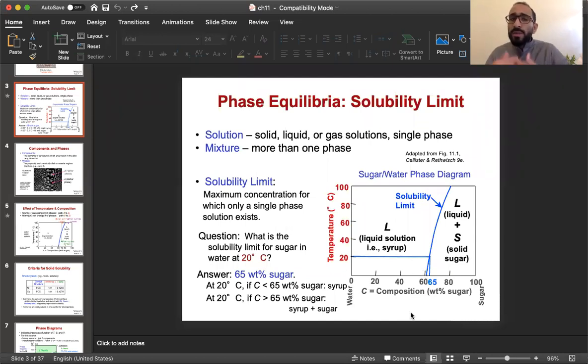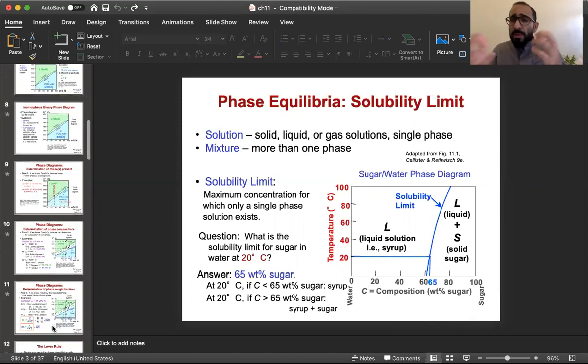Similarly, when you want to make a solid solution composed of more than one element to form an alloy, there's a solubility limit. Material A can accommodate some of B up to a certain point, but after that point, you're going to have two solid phases instead of a single solid phase that can hold both components.